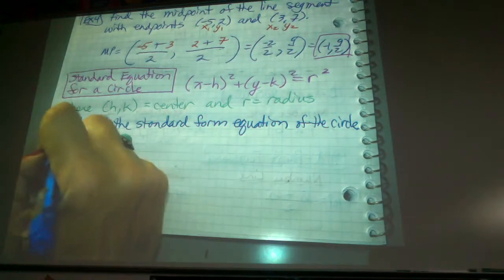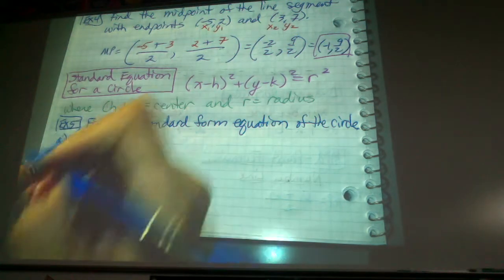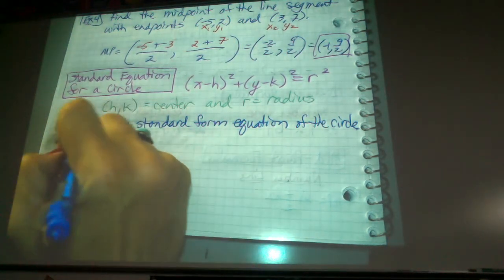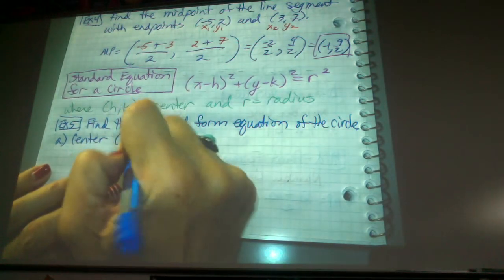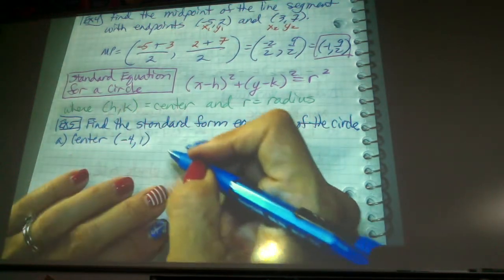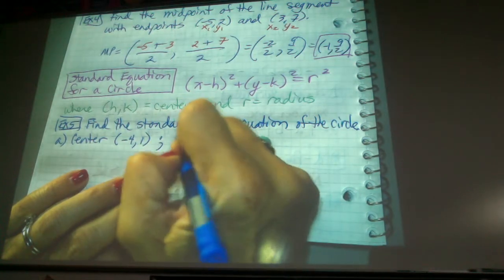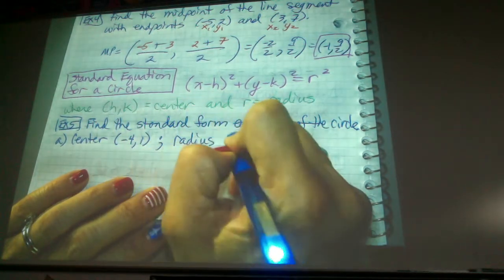So A, you got a center that is (-4, 1), and a radius that is 8.